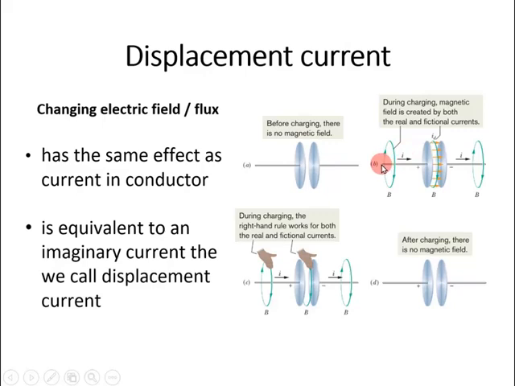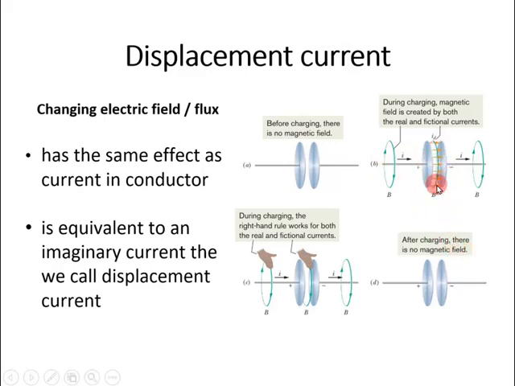So if current is in this direction, then there is a magnetic field built up according to Ampere's law. Similarly, electrons are moving from the negative terminal of the battery to this side. So current is in the opposite direction. Again, there is a magnetic field built up around these wires because there are actual particles, electrons, that are flowing through the wire.